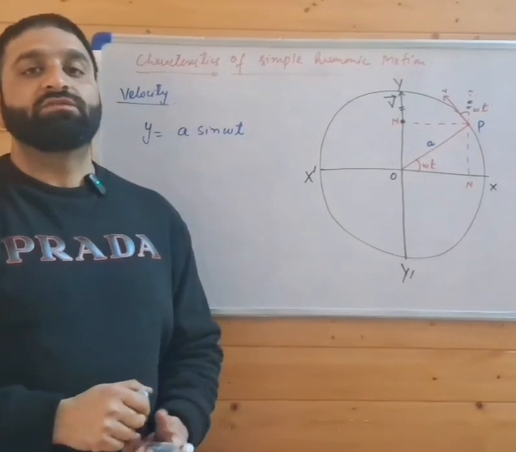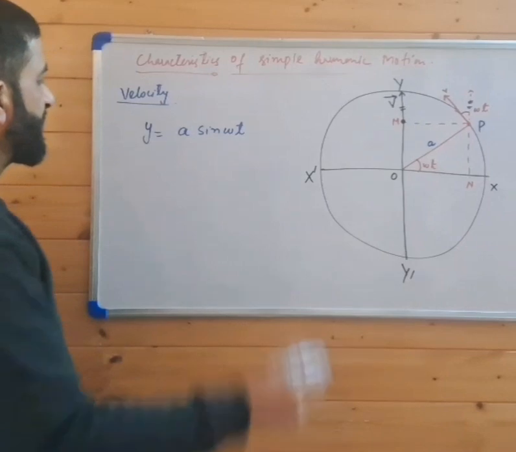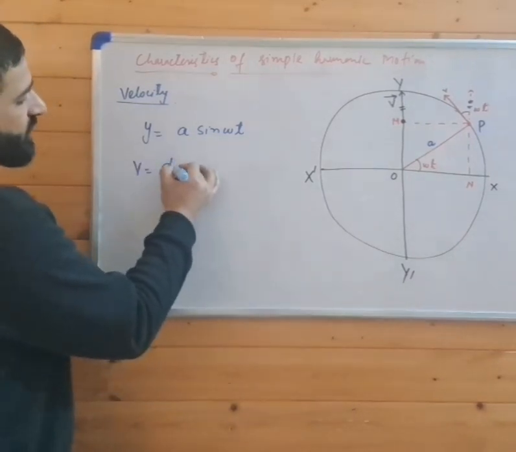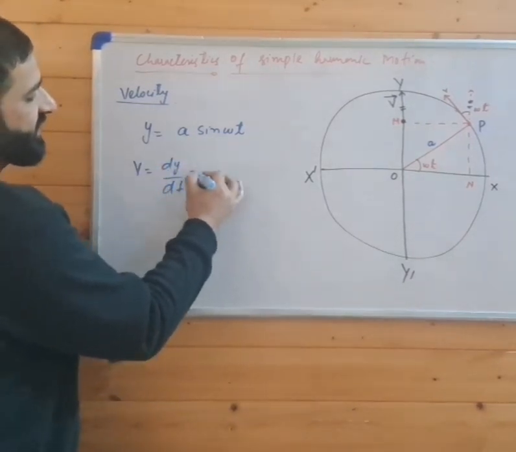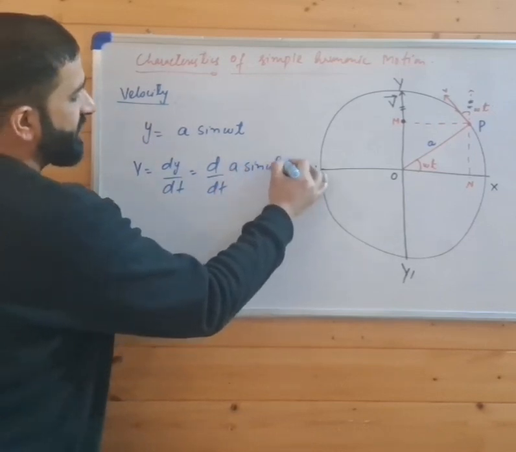Velocity can also be given as time rate of change of displacement. Here displacement is equal to y equals a sine omega t. So velocity is equal to dy by dt, that is d by dt of a sine of omega t.